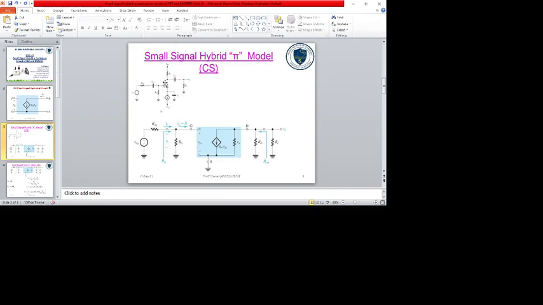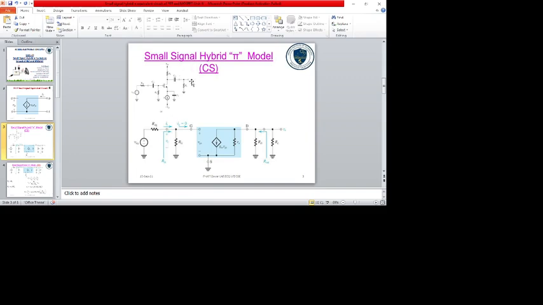This transistor can be replaced by its equivalent pi model with the help of open circuit voltage VGS and current element GM VGS in parallel with R0. R0 is the internal output resistance.